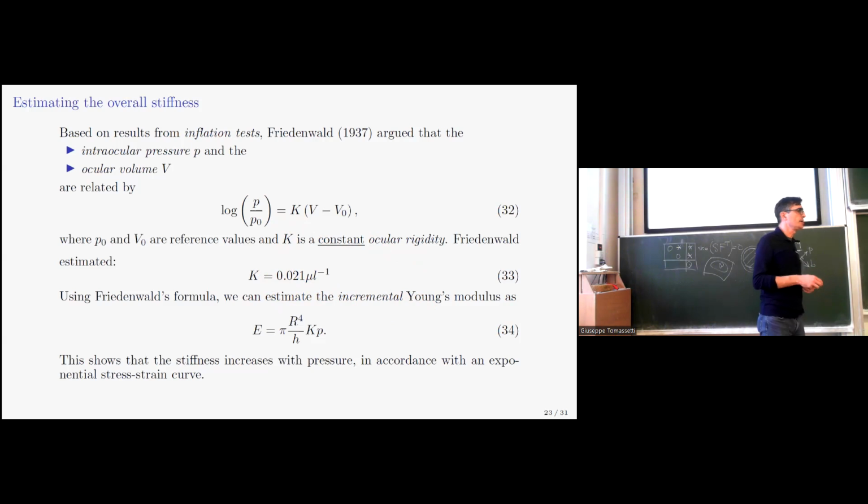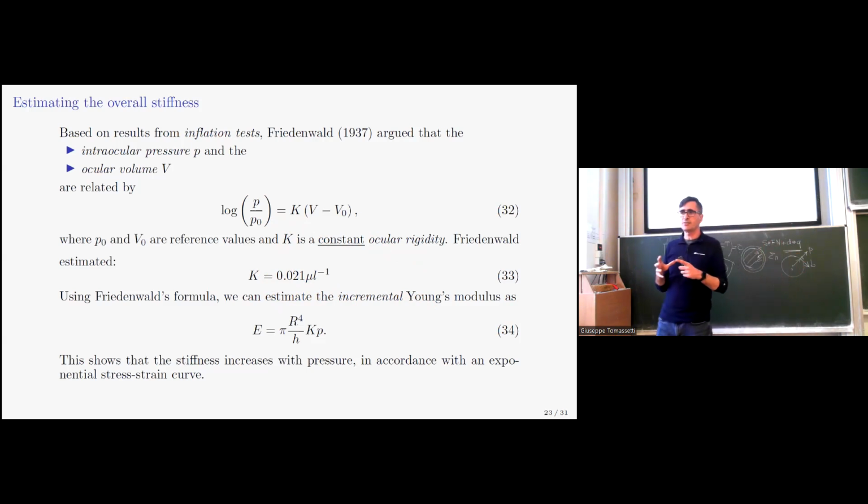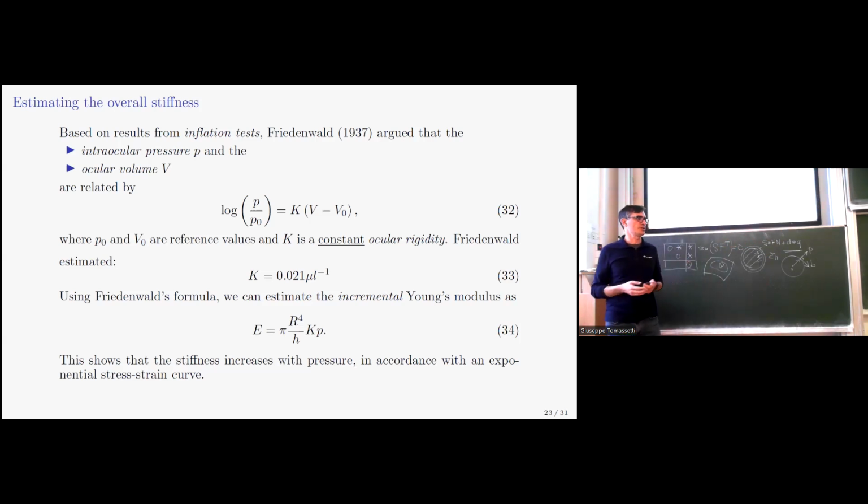So the idea is that you make a global measurement of the global properties of the eye as far as stiffness is concerned. And from this global measurement, you can infer what is the effective Young modulus that you should use in your calculations. And this effective Young modulus will average over all different thicknesses of the shell to give a homogenized shell, an effective material property.